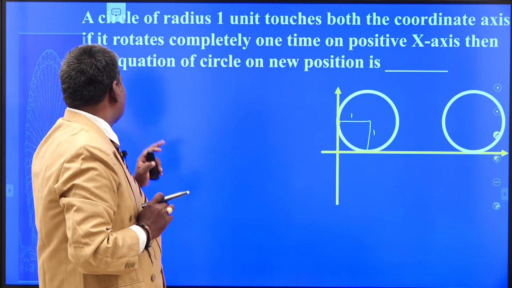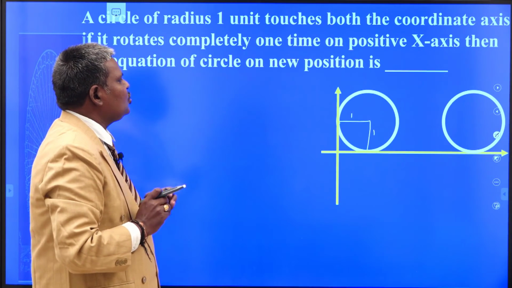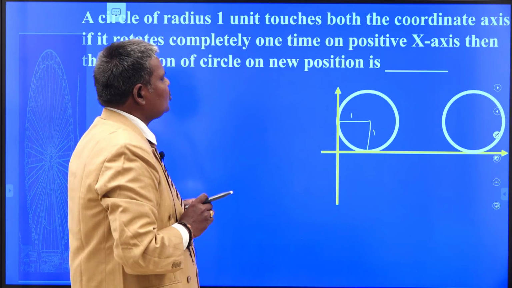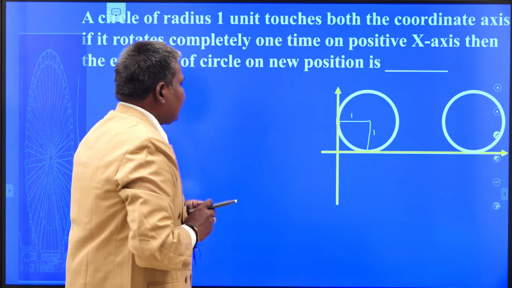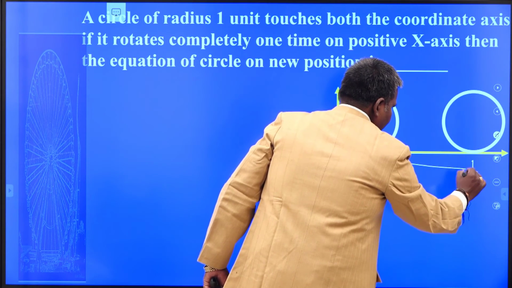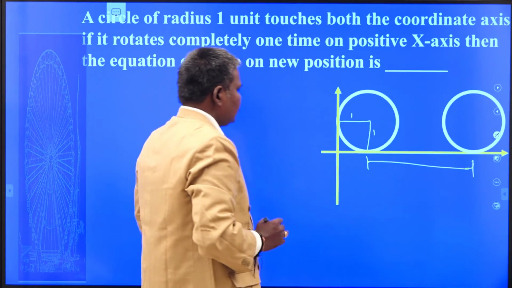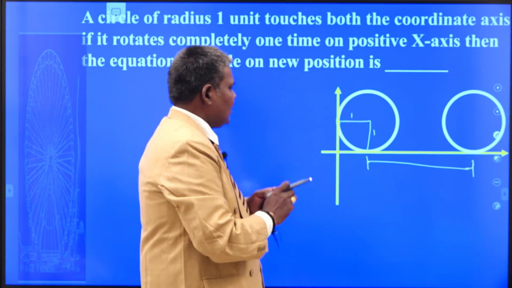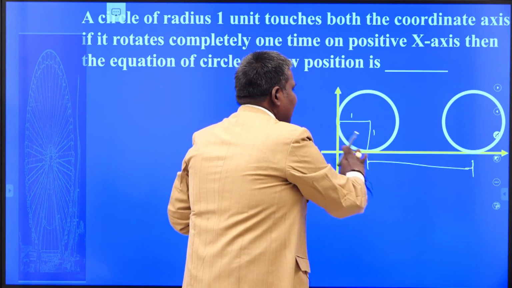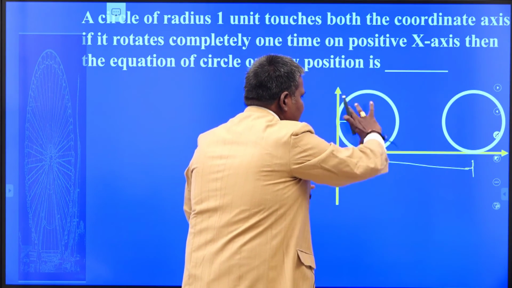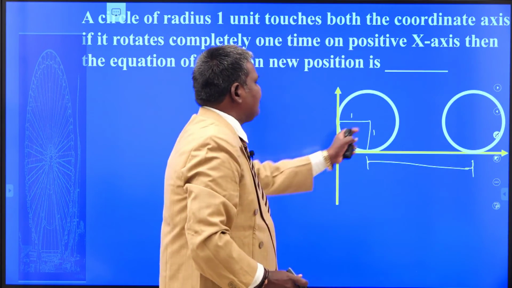Now what is the question? The equation of the circle in the new position. What is the equation of the circle in this new position? Can you tell me the distance from here to here? Anyone? This is the perimeter of the circle, or not? It is rotating one time completely.